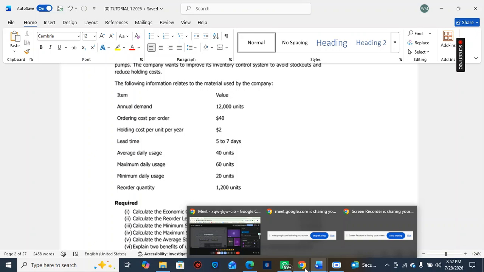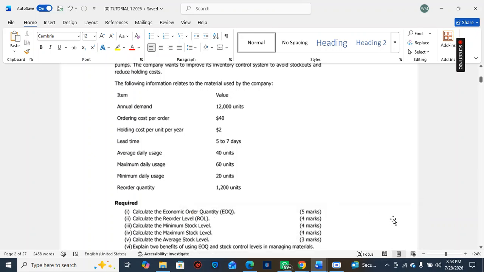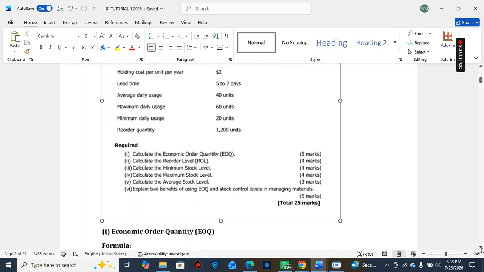The bigger the amount that you order, the fewer orders you make, so the less the ordering costs. The more inventory that you bring in, the more the holding costs increase. So these costs act differently in terms of the quantity that you're bringing in, and the economic order quantity is trying to minimize both.